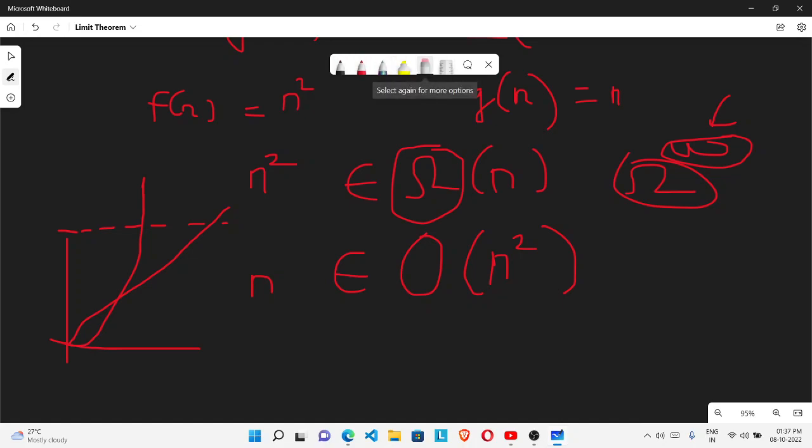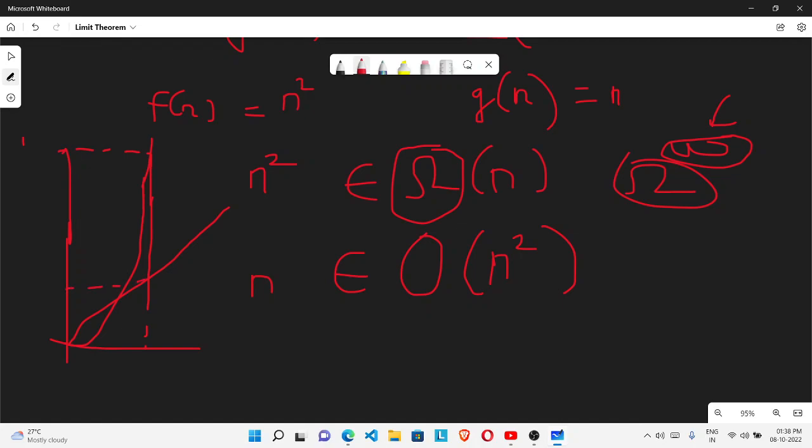So if we check for a value of y over here, you can see once again. I think I kind of messed up. Okay, let's say for x is equal to 10. You can see the value of y for n square is a lot bigger as compared to big O of n.